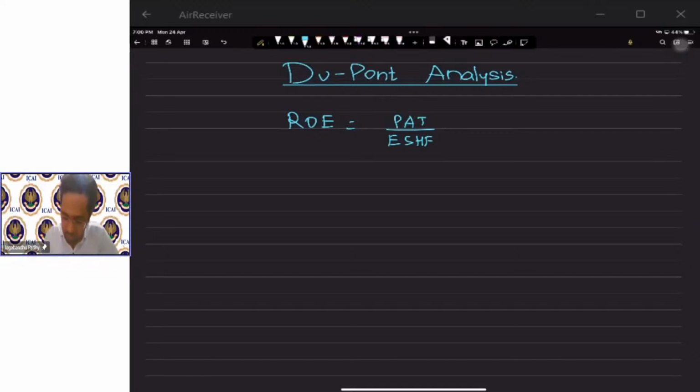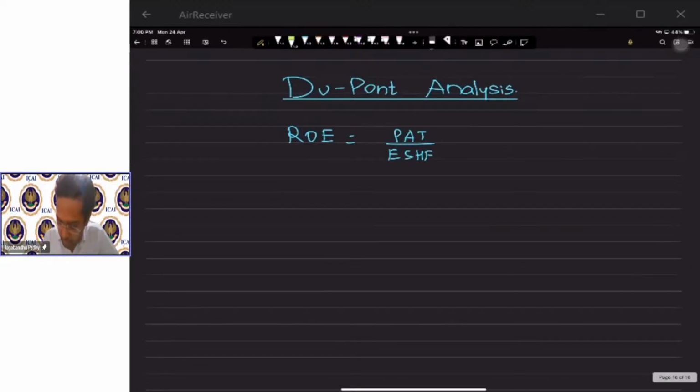Now, this same return on equity, let's say there are two companies, A and B. Both are having a return on equity of 20%. How do I actually analyze further as to which company is better in which aspect?